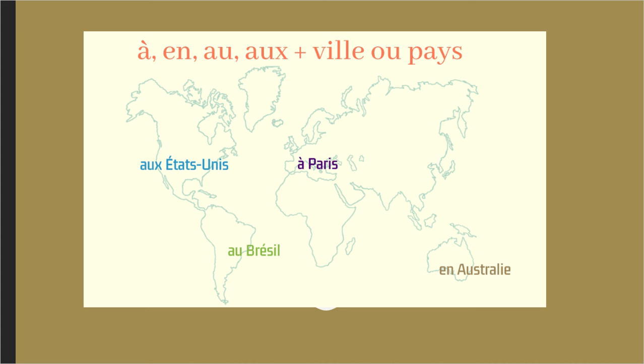For example, this preposition, à, has 3 meanings in English: to, at, in. And this one, en, gives 2 meanings, in and to. Depending upon the circumstances, we choose the right preposition.